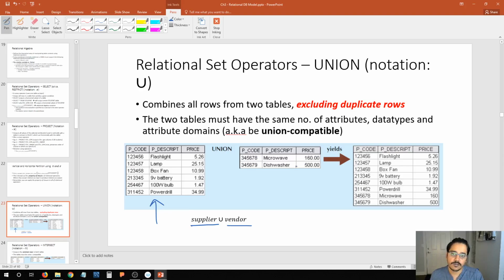Since you have two different tables expressing the same set of information, you might want to combine them into a single table for whatever analysis purposes. So what you can do is use the union operator by expressing it in this relational algebra format, which will yield a final table that combines the rows of these two tables together. But it excludes the duplicate rows. So you have to keep that in mind.